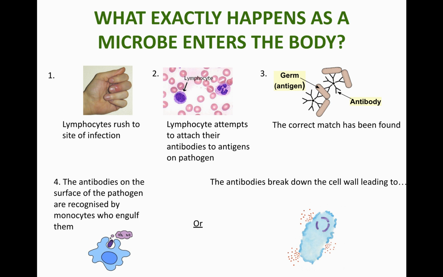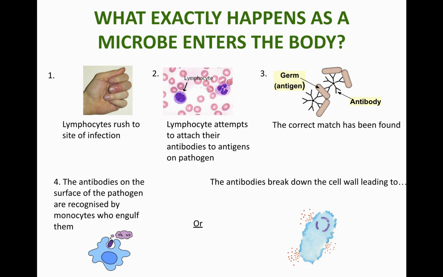The general defense system will clot the blood and create a scab, but we now know there is definitely going to be infection at this point of the wound. So along come the white blood cells, which we call monocytes, and they try to engulf the different microbes that have entered.